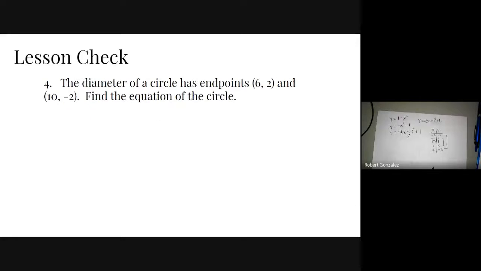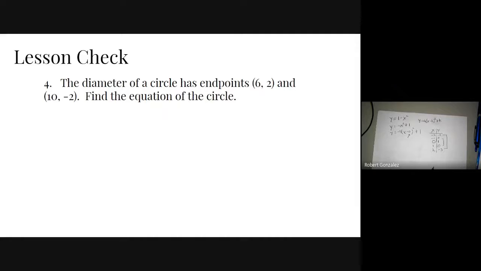Okay. Continuing on. The diameter of a circle has endpoints (6, 2) and (10, -2). Find the equation of the circle and put it in the chat bar. So what are the two things we need for a circle?